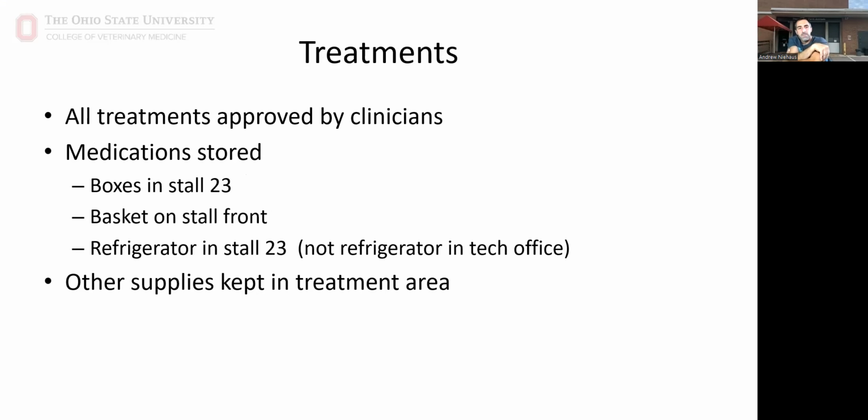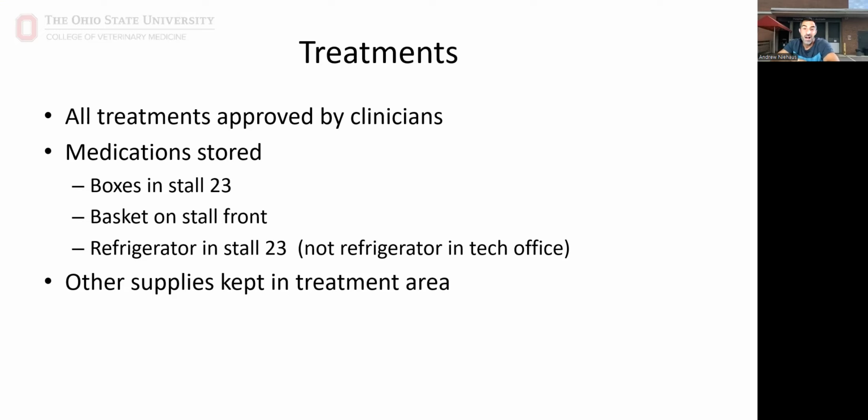So let me talk a little bit about treatments and where to get meds, etc. Realize that no treatments should be administered or done without the approval and knowledge of the clinician that's managing that case. Medications are stored in a few different places in the food animal ward.